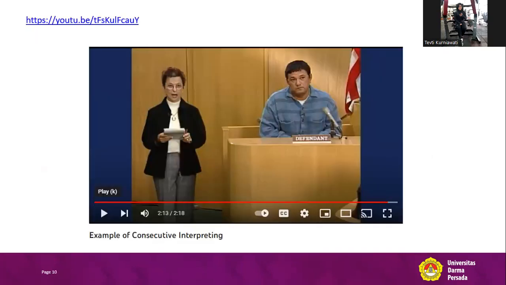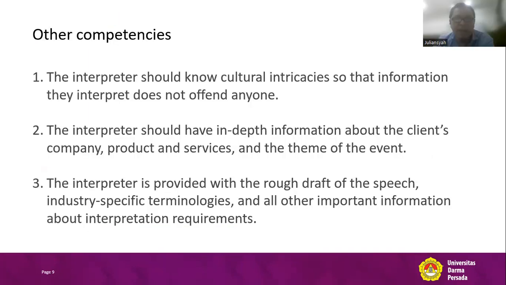Okay, now we have the last page of our discussion. Melia, could you read, please? Other competencies. Number 1, the interpreter should know cultural intricacies so that information they interpret does not offend anyone.